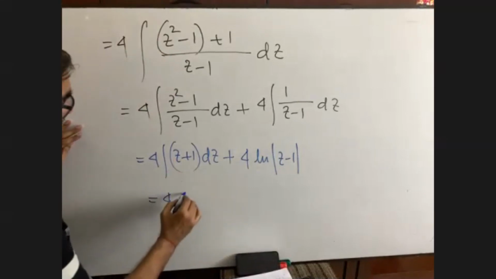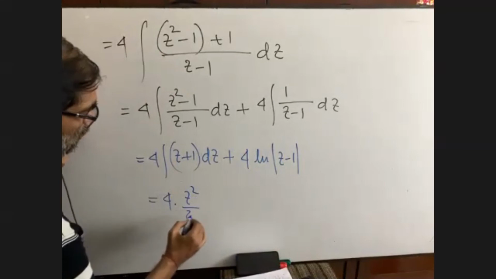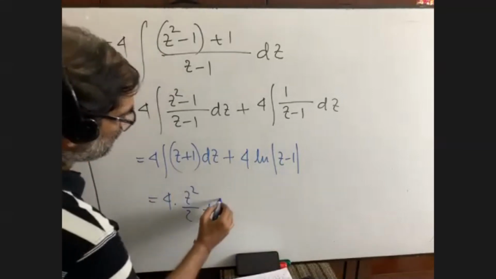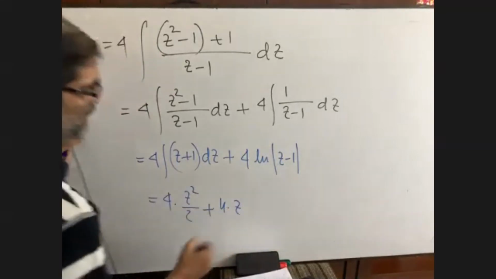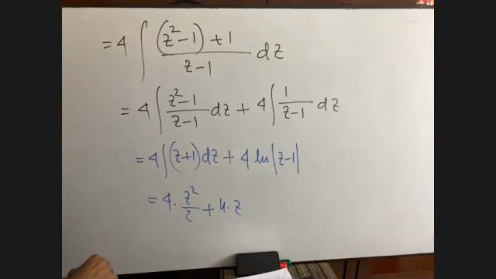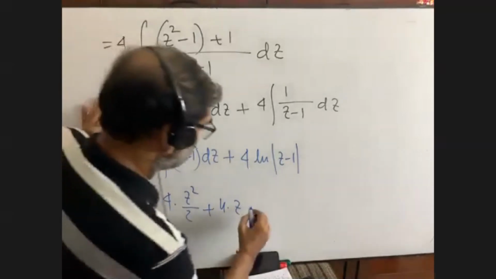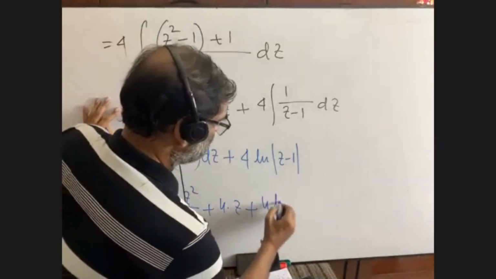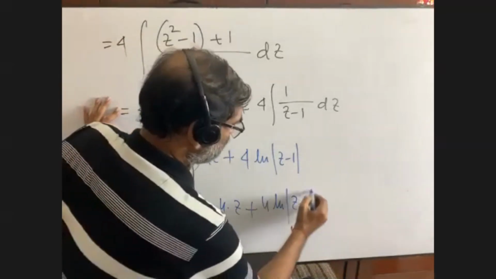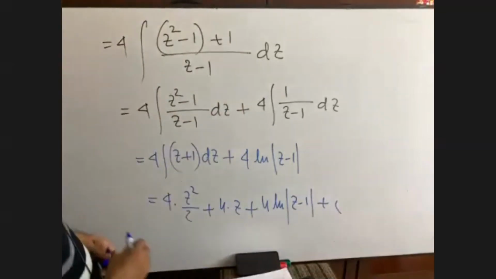Z means what? Z square by 2. 1 means what? 1 means z. Have you got it? Then again it is 4 ln z minus 1. Now we can write down C here.